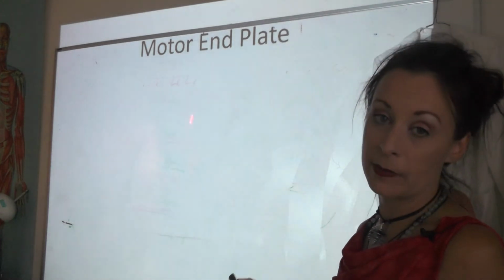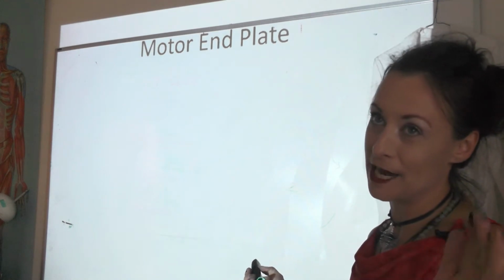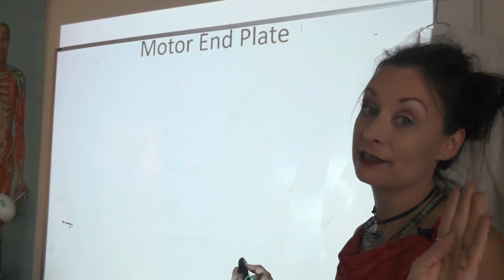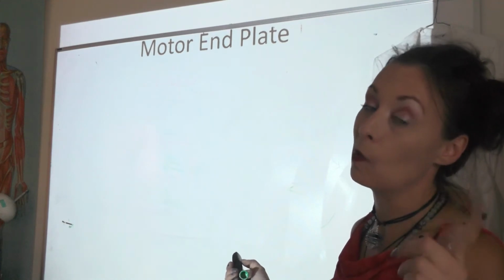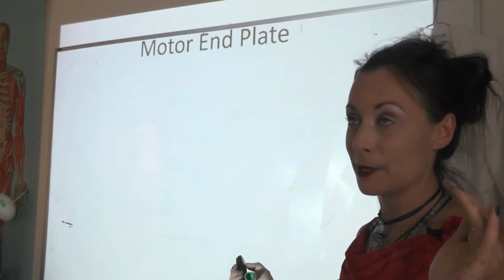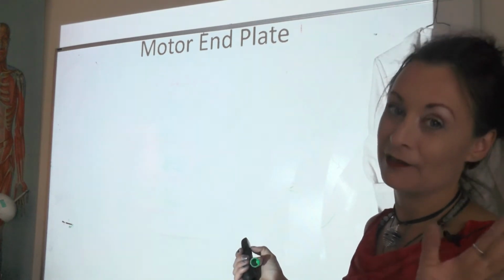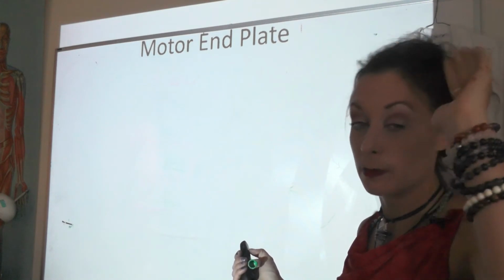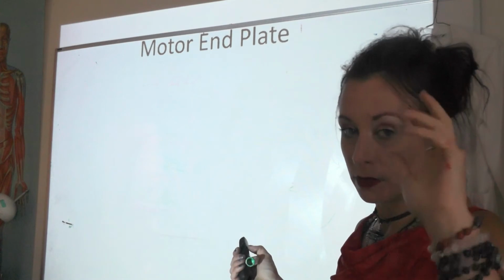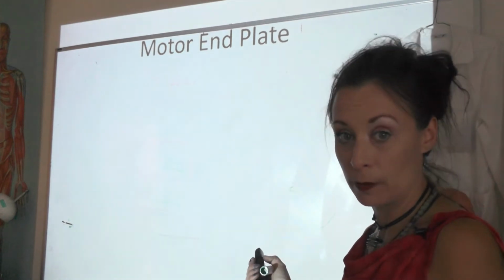At the motor end plate, we developed the end plate potential, which occurred as the result of a net influx of sodium through the cation channel. That is going to allow us to reach threshold for our voltage-gated channels in our sarcolemma and T-tubules. So when we reach threshold, voltage-gated sodium channels open. Sodium dumps into the cell, depolarizing it. At positive 30 millivolts, that sodium channel closes. The potassium channel takes over and repolarizes the cell.